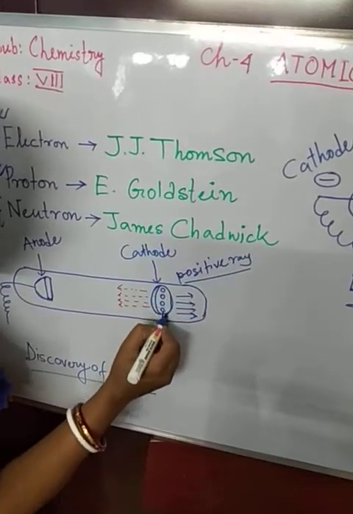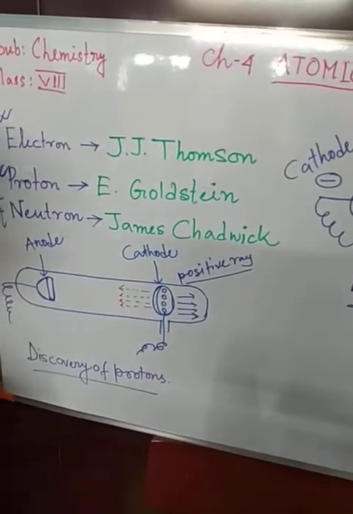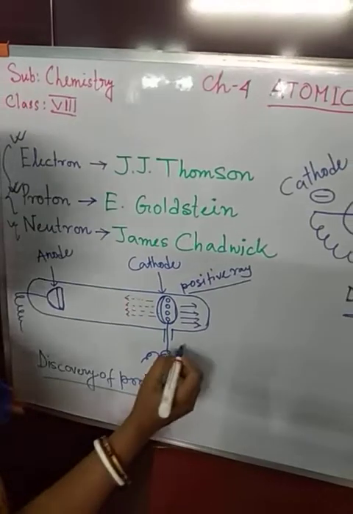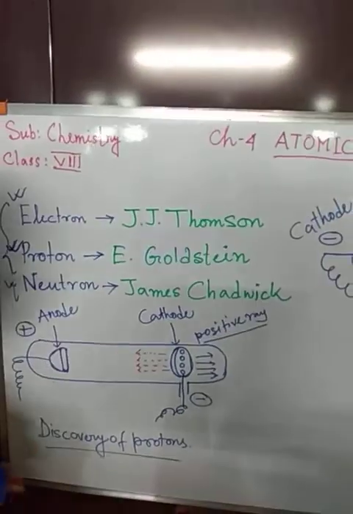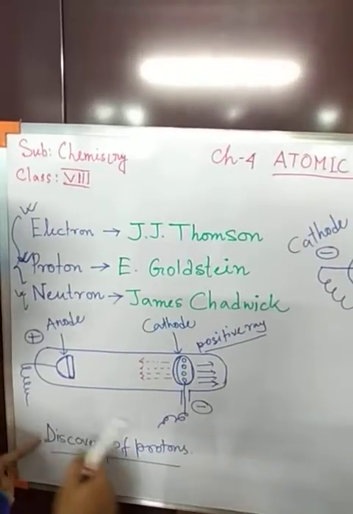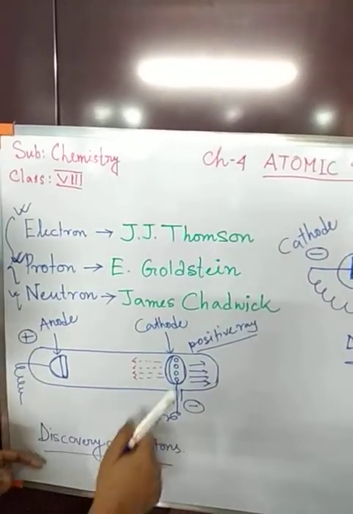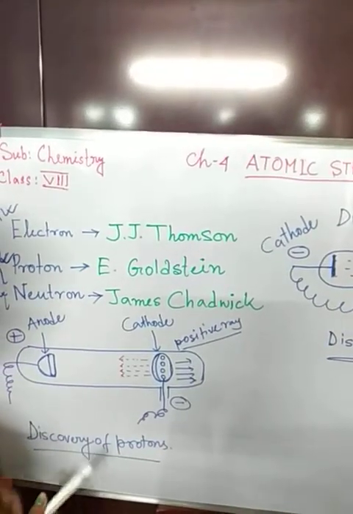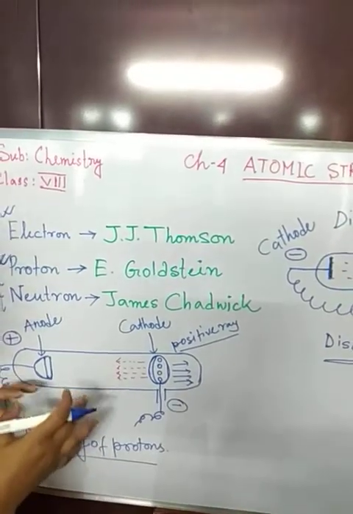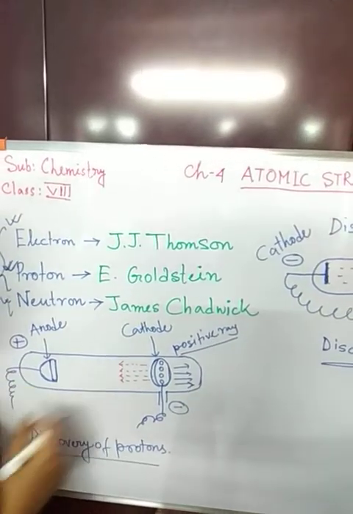That means there are some holes in the cathode plate. This is the cathode, the negative end, and this is the anode, the positive end. In the same manner it was connected through electrical wire, and we pass electricity. The gas will be at very low pressure in the discharge tube.